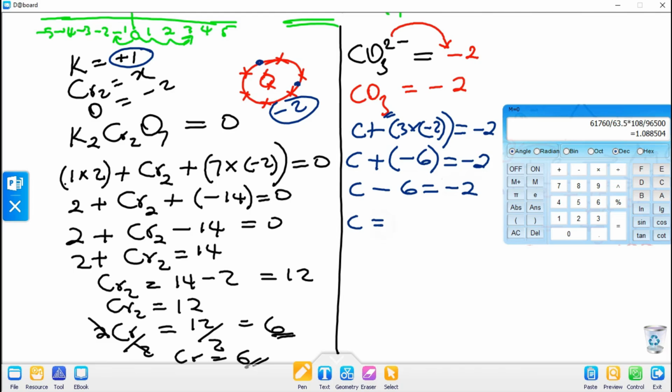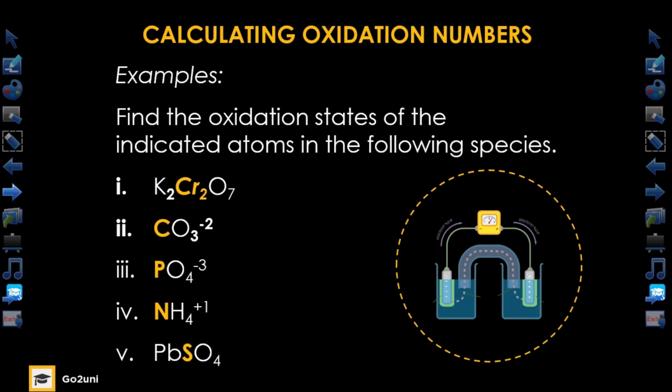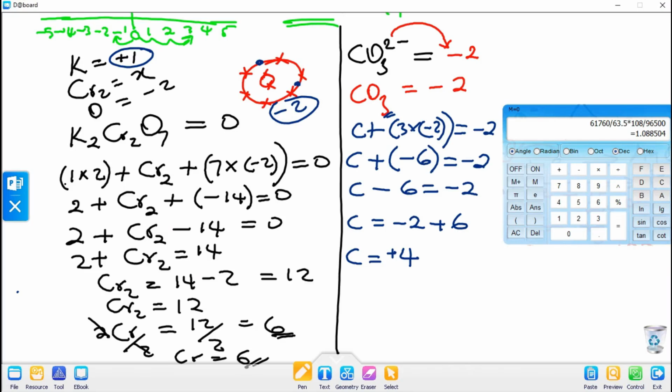So C will be equal to, when 6 goes over the other side, -2 plus 6, and -2 plus 6 gives us +4. I want to believe you know that. So we can see the oxidation state of carbon is +4. And that is why that CO3 2- is called carbonate 4 ion. Carbonate 4. Just like when we have a compound like CaCO3, for example, this is called calcium trioxocarbonate 4.